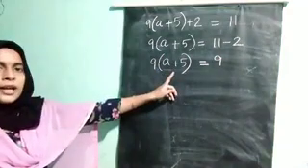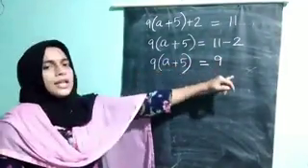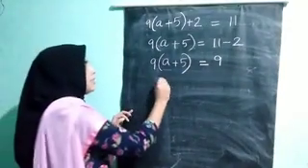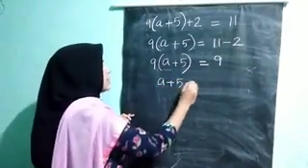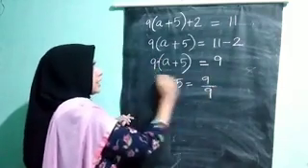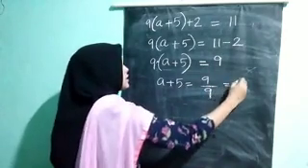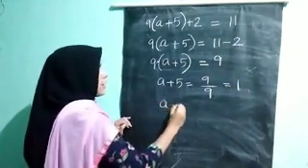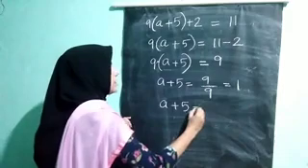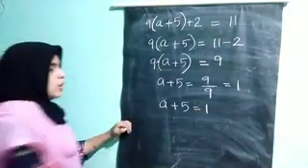So 9 into (a plus 5). You can remove the bracket or you can take this 9 into, 9 to the other side. So it will become divided by 9. So 9 divided by 9, it is 1. So we can write a plus 5 equal to 1.